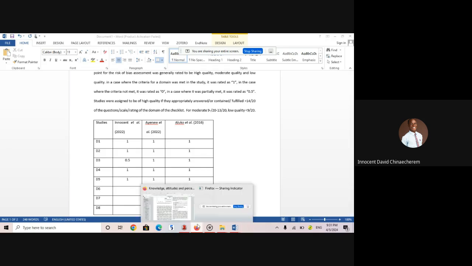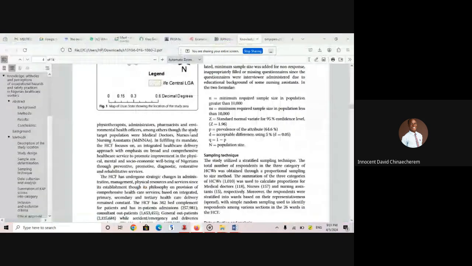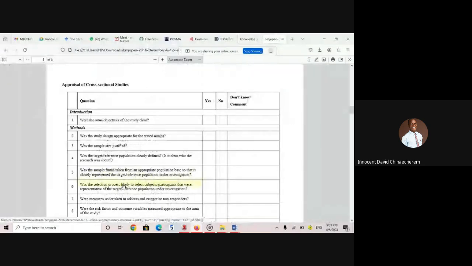So I moved to the 6th domain quickly. Was the selection process likely to select subjects that were representative? Now, what selection process did I adopt? I used a purposive sampling technique.